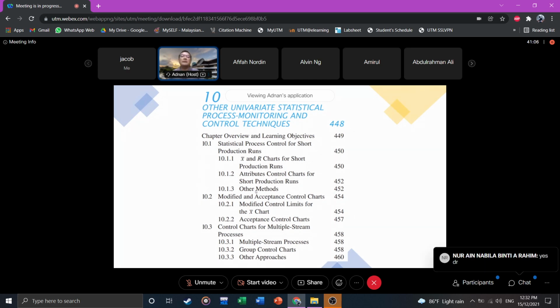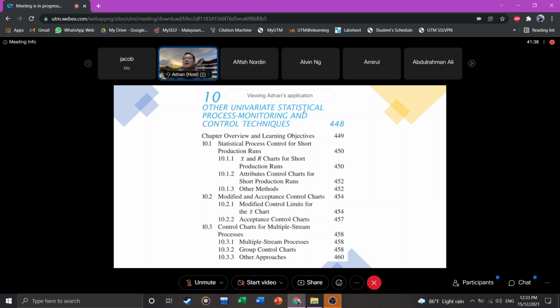Chapter 10 of your ebooks is talking about univariate, still univariate. We are discussing univariate now because in control charts there are univariate and bivariate, and bivariate means two variables. So far we are just monitoring one variable, and the control charts that we have discussed are only for univariate.